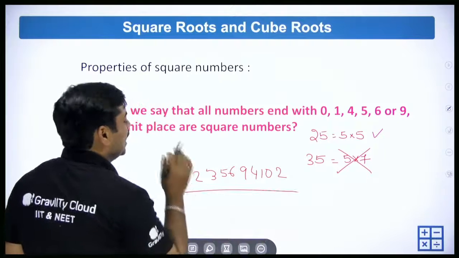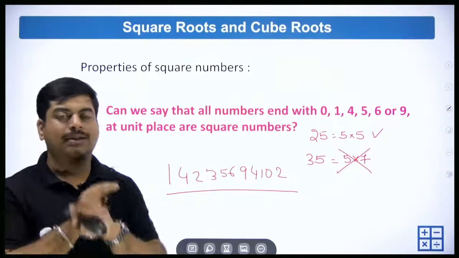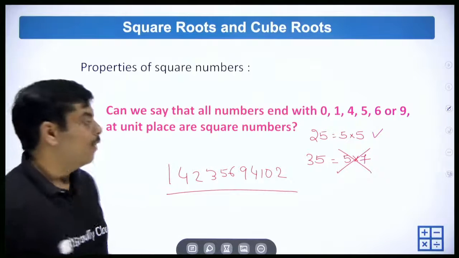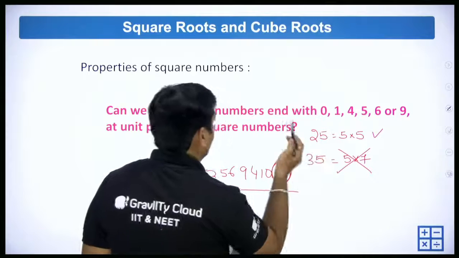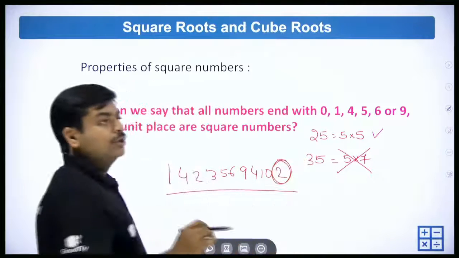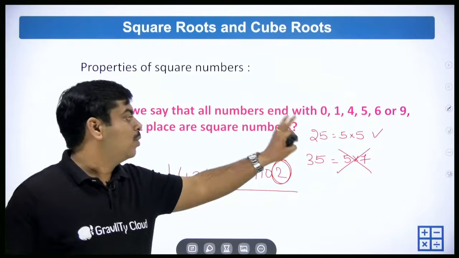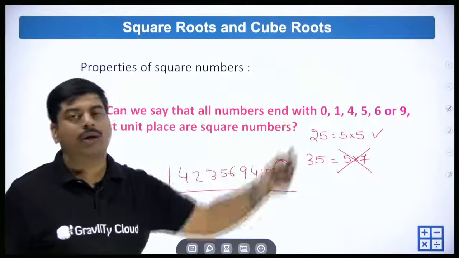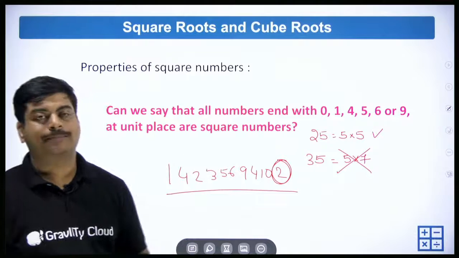Now my question is, is this number a perfect square? Answer is no. Why? Because the last unit digit is 2, which cannot happen. The unit digit of any square number cannot be 2. It should end with 0, 1, 4, 5, 6 or 9.